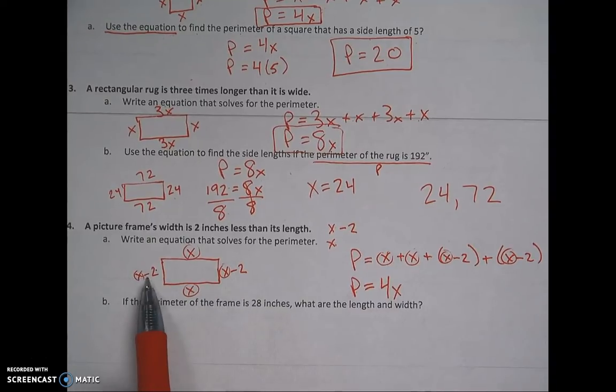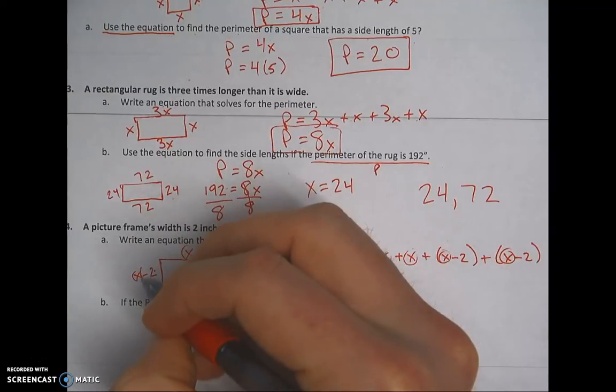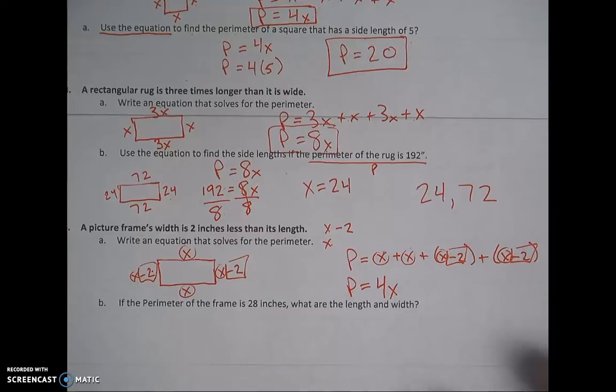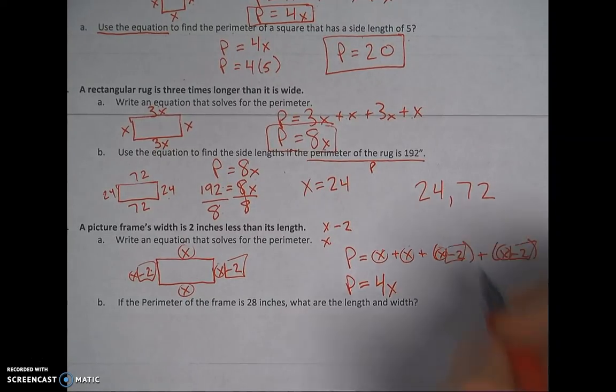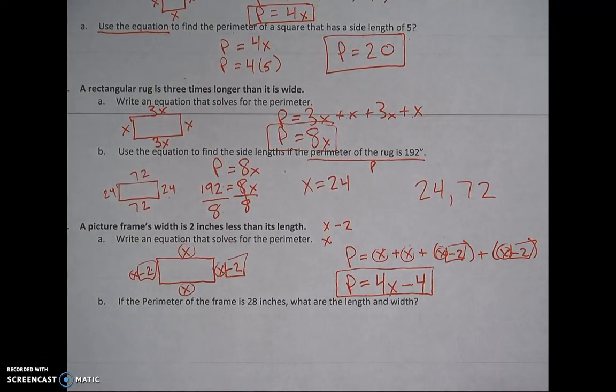I've got a minus 2 and a minus 2. So if I put the minus 2 and the minus 2 together, it's like a negative 2 and a negative 2, is a negative 4 or a minus 4. So here's my simplified equation. Perimeter equals 4 times x minus 4.